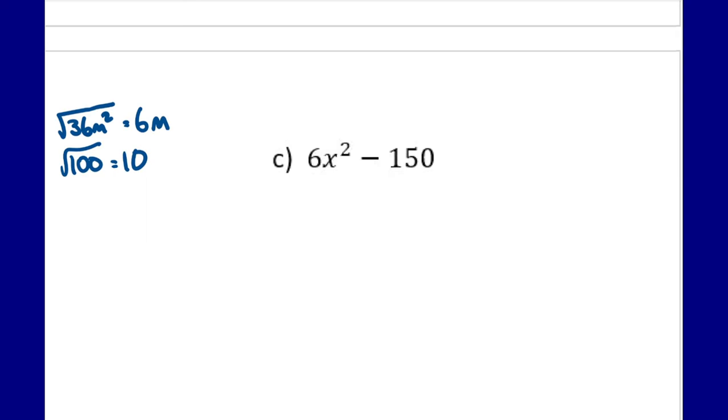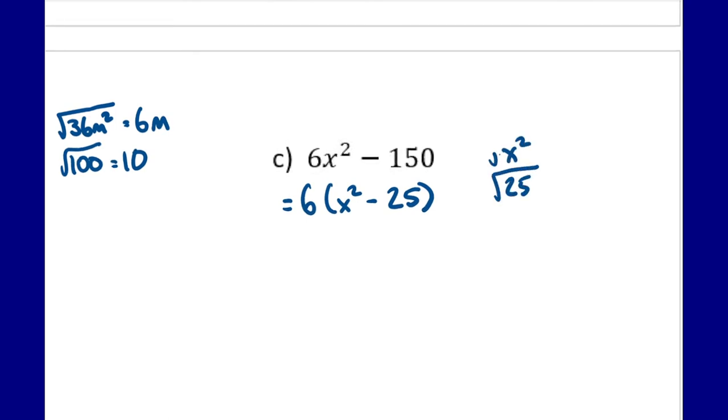So let's see if we can common factor anything. We should find that we can common factor a 6 out, which would leave me with x squared minus 25. Now if I go back and look, I still have a difference of two numbers, x squared and 25.